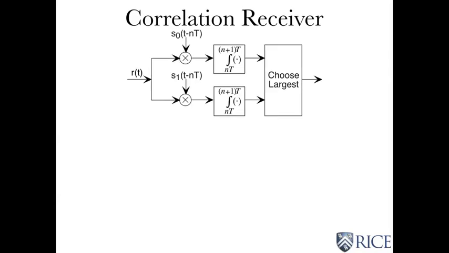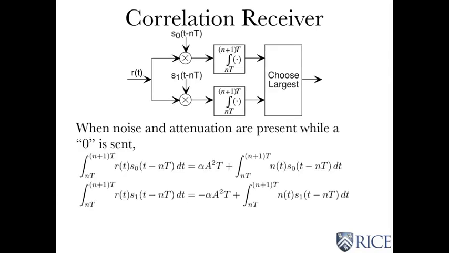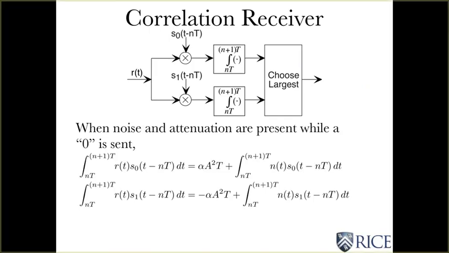Well, now suppose things are a bit tougher. There's not only noise, but there's attenuation. All right, so exactly the same scenario. I'm sending a bit of 0, so R of t is S0 times alpha plus noise.